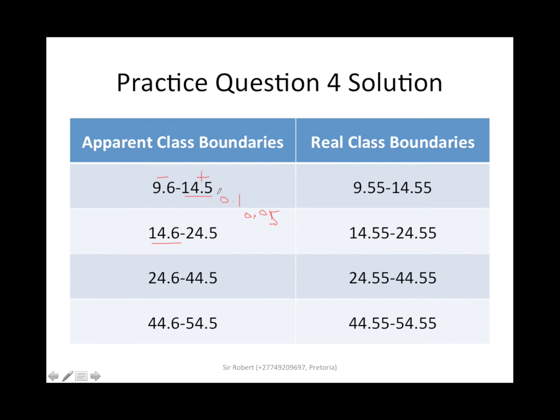If you add 0.05 to 14.5, you get 14.55. So it's the same: subtract here and add here, subtract here and add here. This is how you determine the real class boundaries. So you can determine the other ones. If you do this, well done.